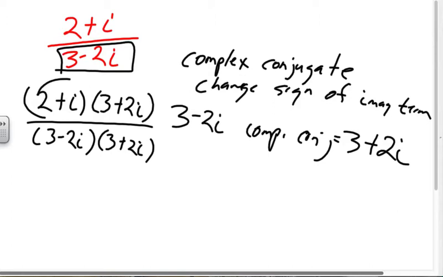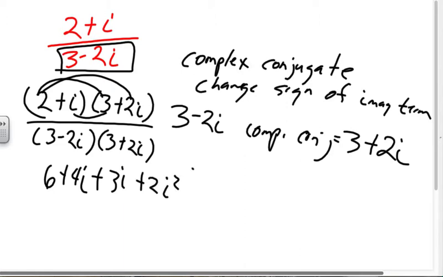And then I do my distributing trick. So I end up with 6 plus 4i, and you should recognize this as something we've already done before, plus 3i plus 2i squared. Remember I warned you about this.